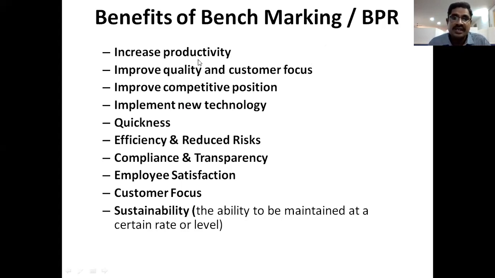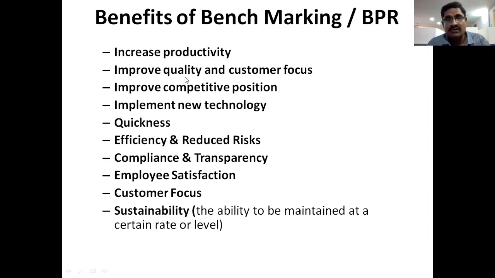The first benefit is increased productivity. By using these 12 methods as well as benchmarking, BPR or all other methods, we have an increase in productivity. Productivity means producing more with minimum cost. So we can increase our productivity levels and improve quality and customer focus.